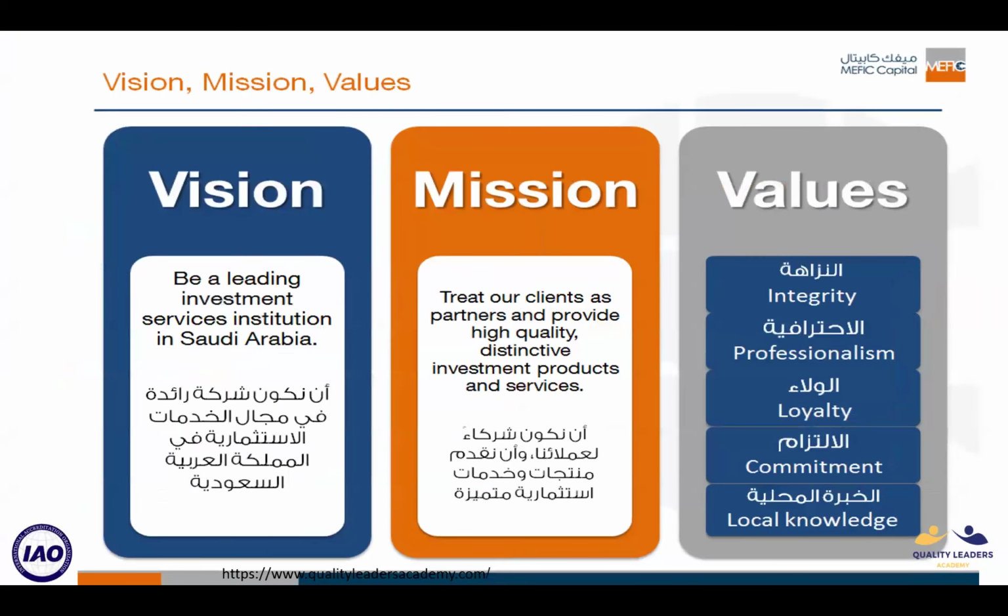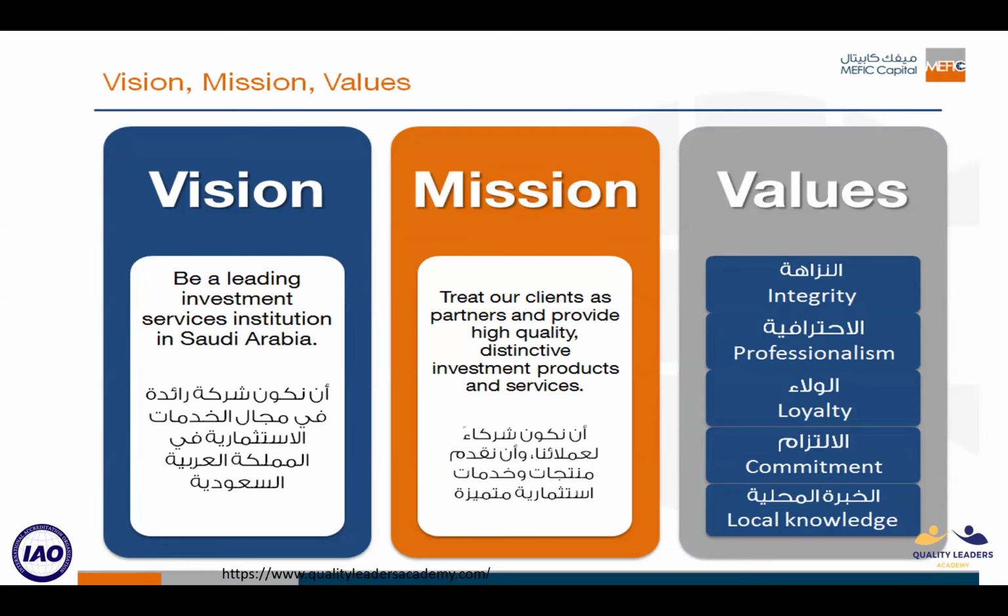This is one example of a vision, mission, and values of an organization, Mefik Capital in Saudi Arabia, wherein their vision is to be a leading investment service institution in Saudi Arabia. That's their vision. In future, they want to be the leading investment service. Mission is to treat our clients as partners and provide high quality, distinctive investment products and services.